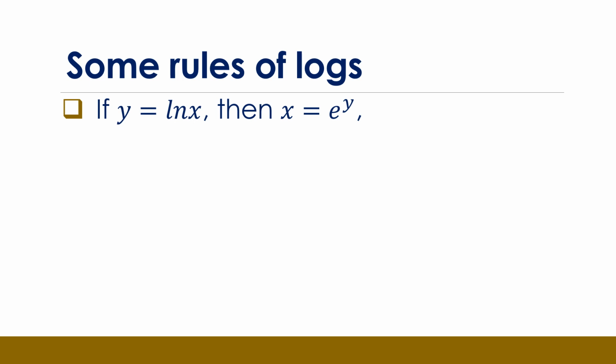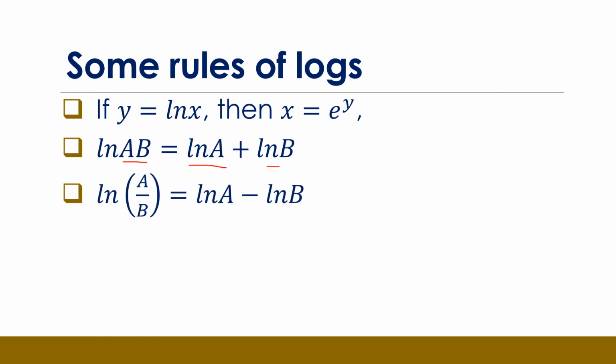If y is a natural log of x, then x is written as an exponential function of y. And if we want to get the logarithm of a product, then the logarithm of a product AB is simply equal to the sum of the logarithms.